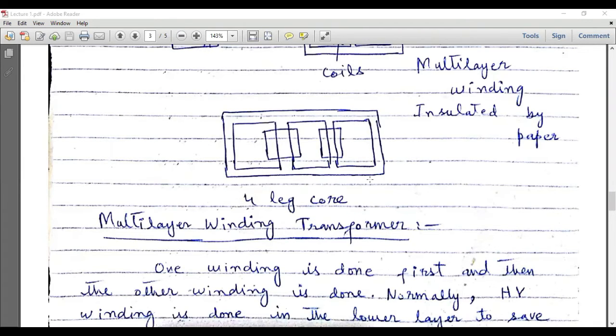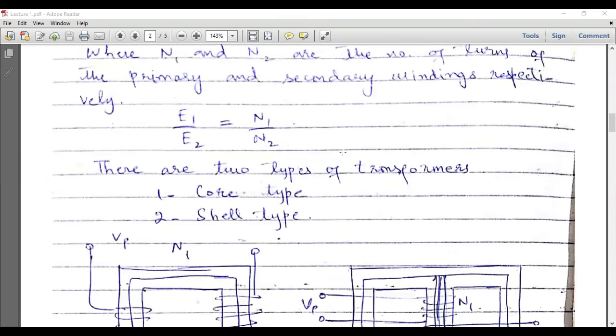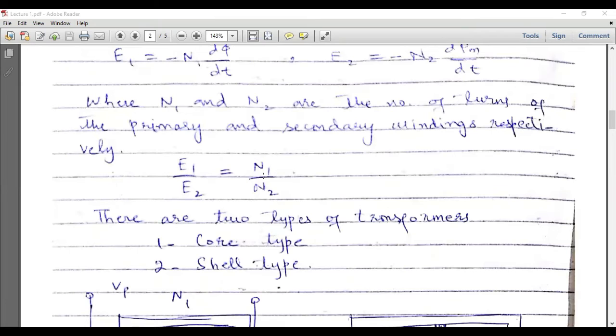Now from this turn ratio expression, we know that E1 over E2 is equal to IS over IP, and we know that E1 over E2 is equal to N1 over N2. It means the induced EMF is directly proportional to the number of turns, and the side at which more turns are present will have more voltage, and at the side where fewer turns are present, there will be less induced EMF.